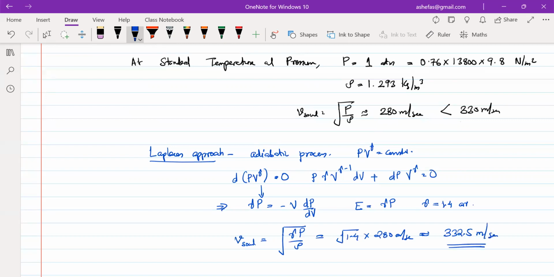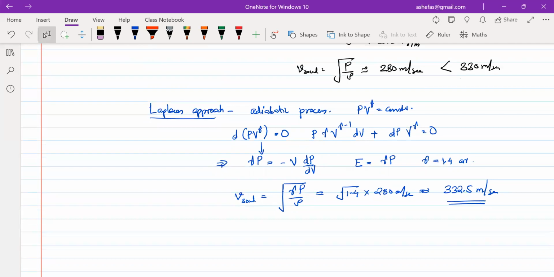So it is very close to the speed of sound, a perfect match with the experiment. Hence Laplace's approach is the correct approach. Therefore we can consider the propagation of sound in air to be an adiabatic process rather than an isothermal process.